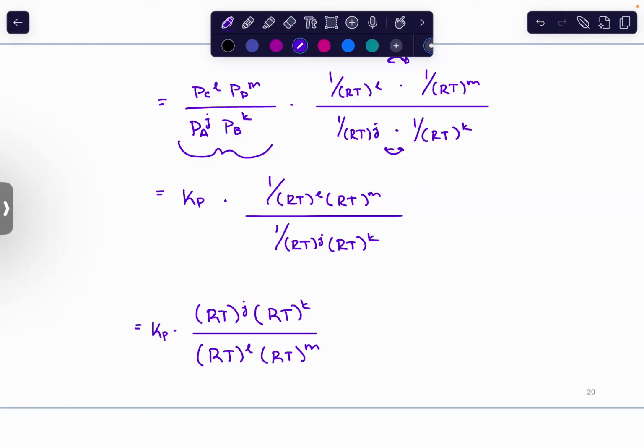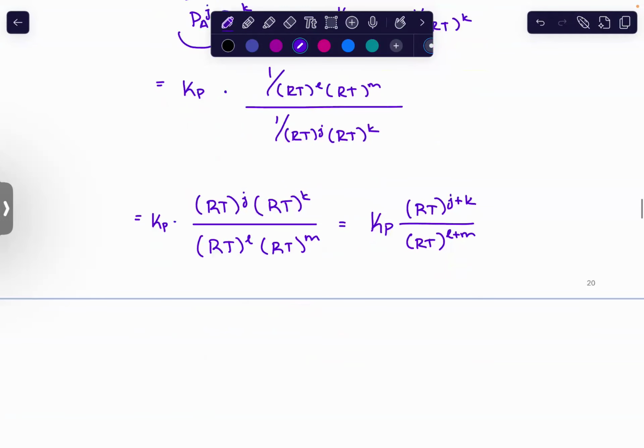Now, from here, how can I turn each one of those, that numerator and that denominator, into a single expression? What happens with RT to the J times RT to the K? RT to the J plus K. All righty.